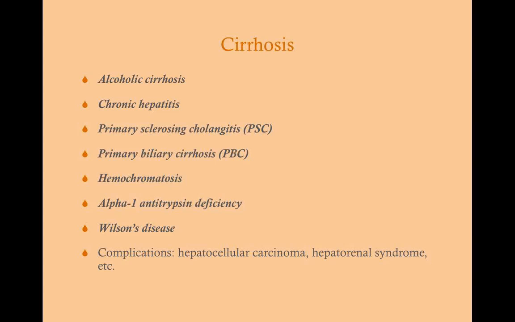Primary sclerosing cholangitis, primary biliary cirrhosis, hemochromatosis, alpha-1 antitrypsin deficiency, and Wilson's disease are what we're going to talk about. There are complications from any kind of cirrhosis, and those include most prominently hepatocellular carcinoma, which is the liver cancer, and hepatorenal syndrome, which is an idiopathic renal failure that accompanies chronic liver disease.